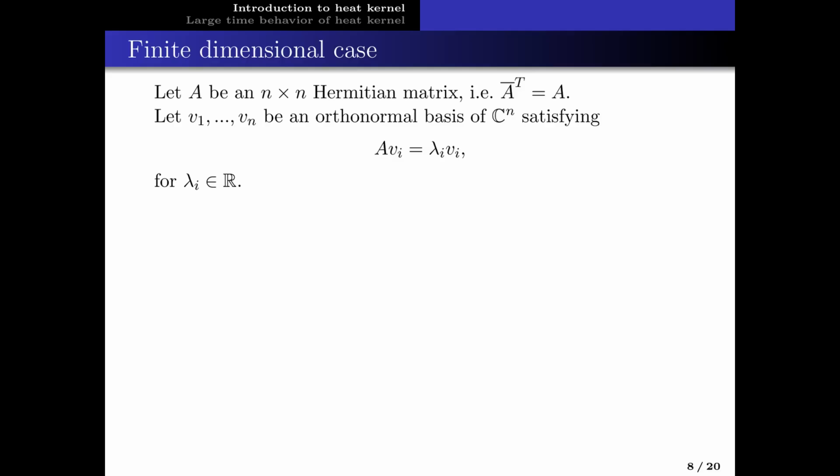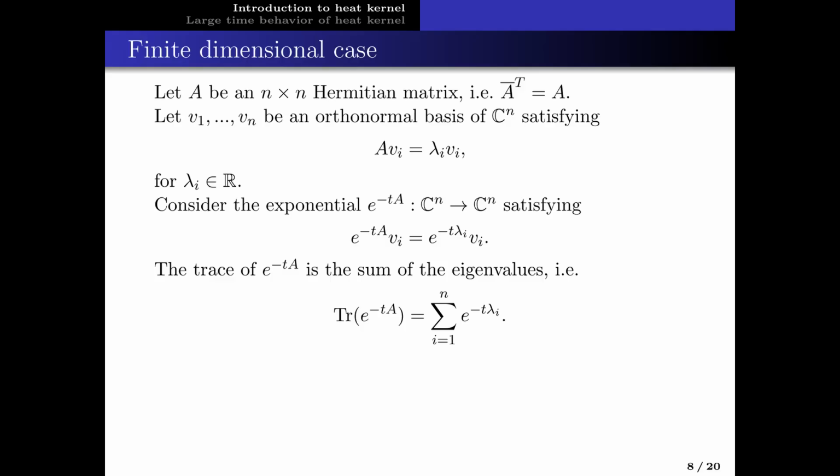Using this, when I write down the heat operator, on each eigenvector it is just an exponential. Again, when A is a diagonal operator, the heat operator is also a diagonal operator, and then we can compute the trace by just adding up the entries on the diagonal.